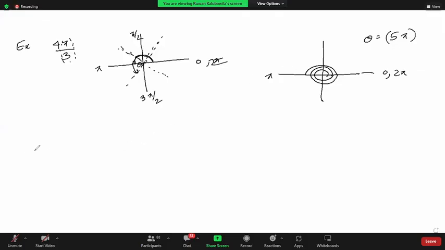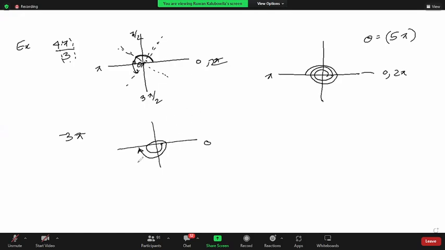If someone requests to mark minus 3π over 2, like that, then 0 here. Starting from here, π over 2, π, 3π over 2. So this is the angle. So there are two types of angle, positive and negative.